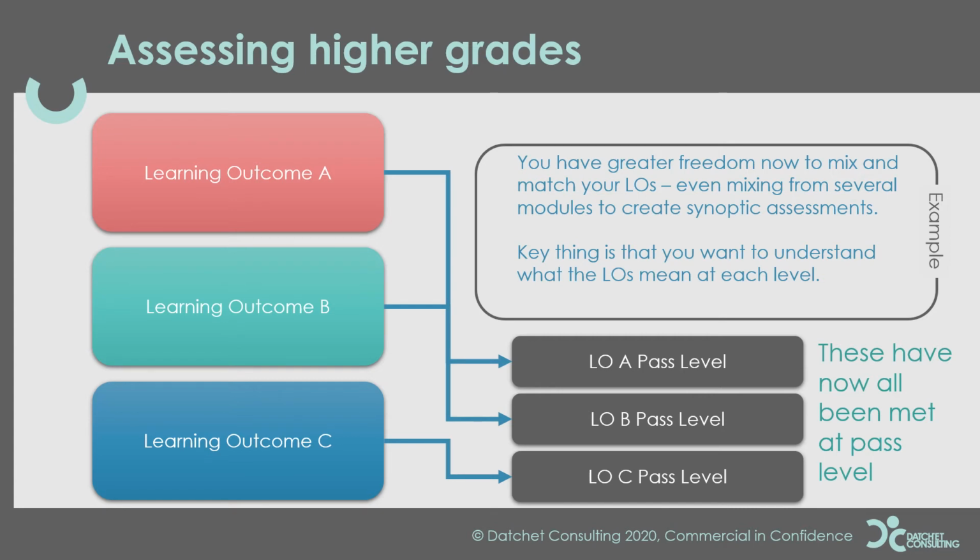Or you could even think about bringing together different modules and having a single synoptic assessment that shows how well they can integrate their knowledge across those modules. But the key thing is that you now need to be able to set up your learning outcomes at the higher levels.